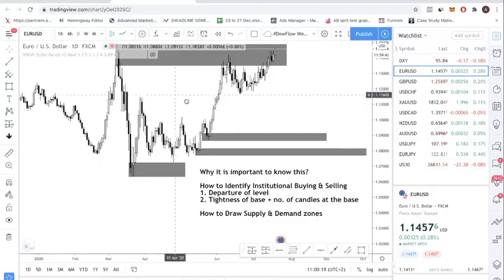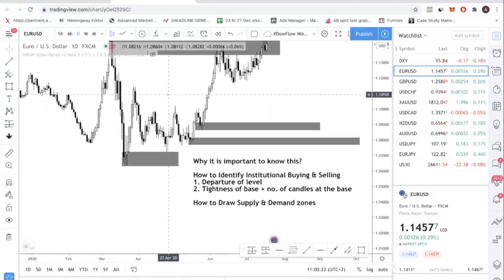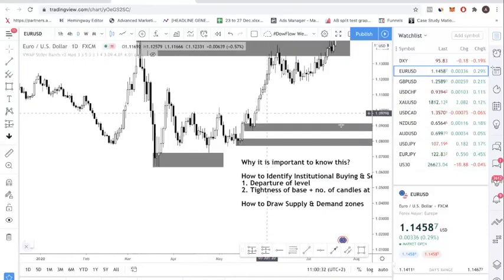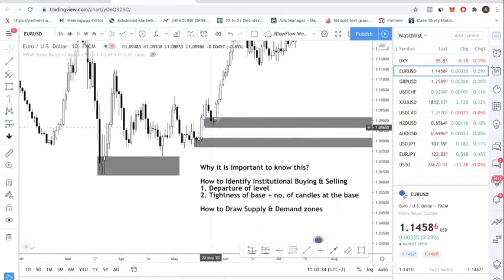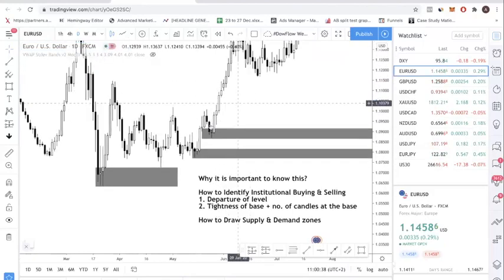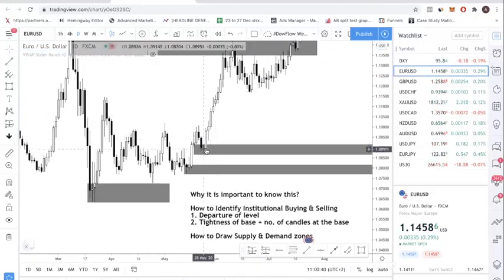Right now we are looking at the EUR/USD daily chart. I've identified a few levels over here. Notice why I drew this level over here. Let me zoom in. Look at the departure from this level: you have 1 candle, 2, 3, 4, 5, 6, 7, 8 bullish candles of solid buying.